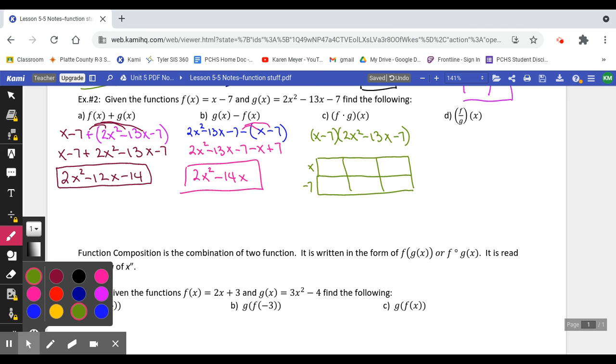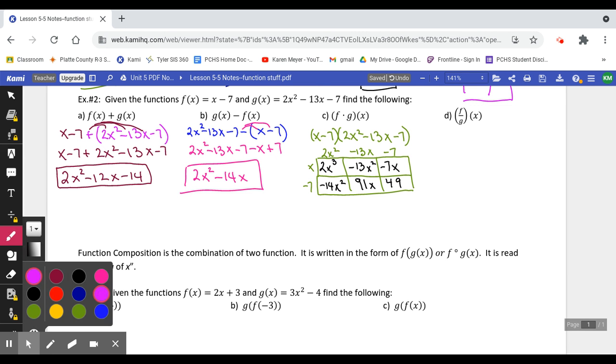So x, negative 7, 2x squared, negative 13x, minus 7. So if I multiply, I get 2x to the third minus 13x to the second minus 7x minus 14x to the second, positive 91x, and positive 49.